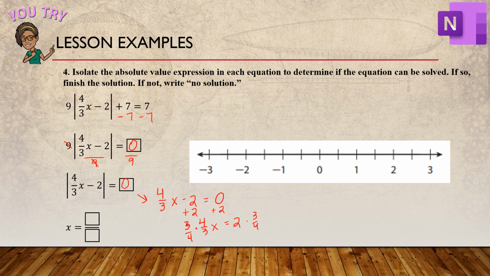That cancels out on the left, and on the right I have 2 times 3 gives me 6. So I have x equals 6 over 4, which reduces to 3/2. And 3/2 we know is 1.5. So my answer is here.